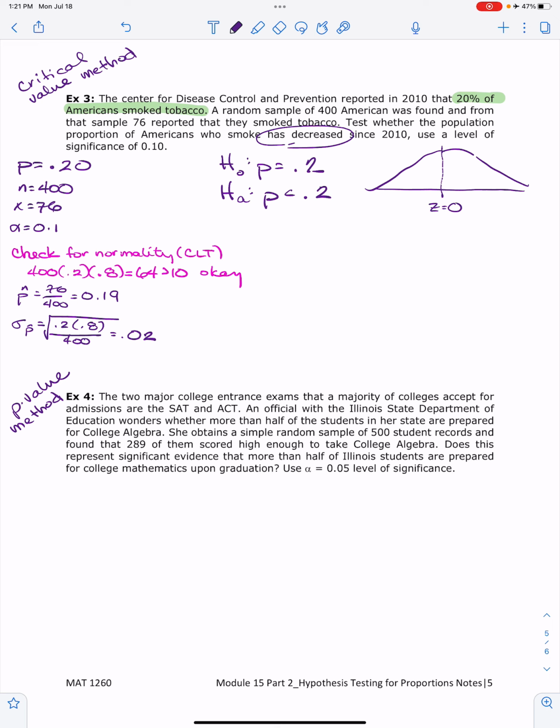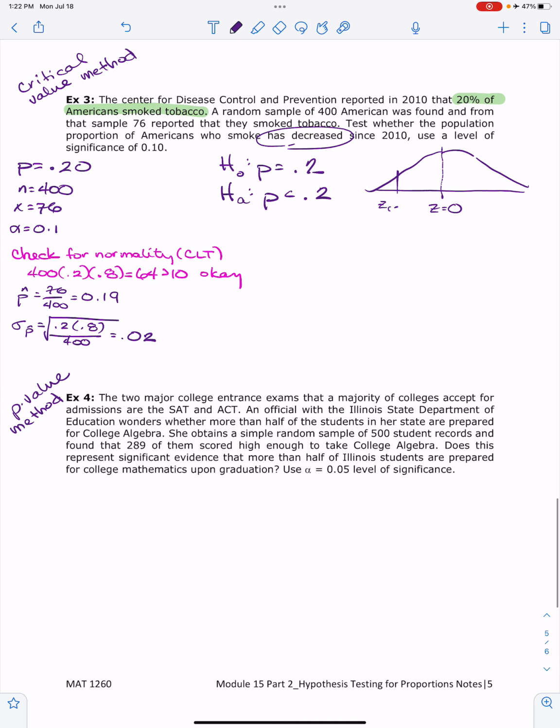We're using the critical value method, so we are using z-scores. My z critical score here has to cut off the bottom 10%. That is a 0.1. So this is our rejection region.